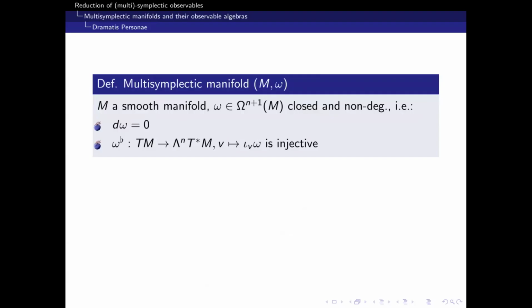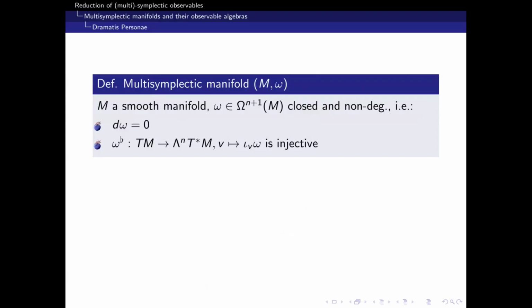Good. So now this was somehow the symplectic case. Now we're going to the multisymplectic one, which was our actual motivation of work. A multisymplectic manifold is a symplectic manifold where we are forgetting about the fact that the form has to be a two-form. We are now suddenly allowing forms of arbitrary degree. And then saying that omega flat is injective stops being the same thing as saying that it is surjective.